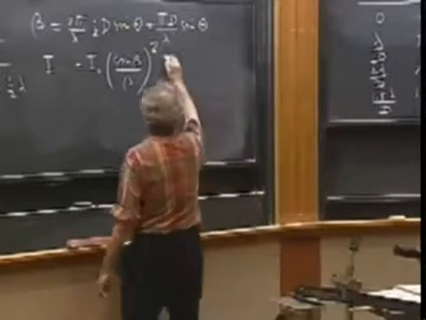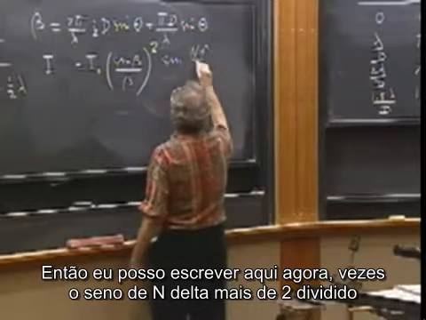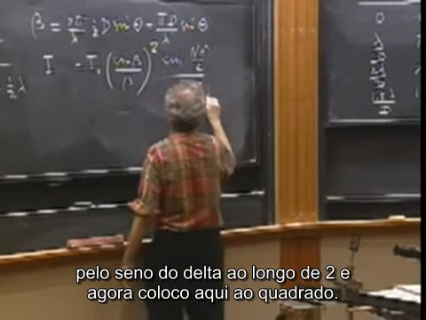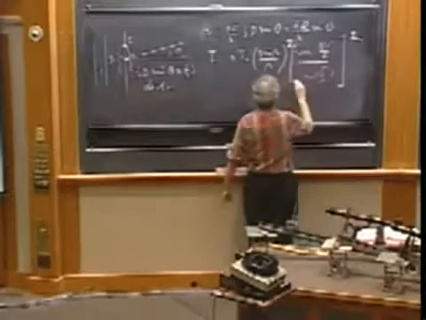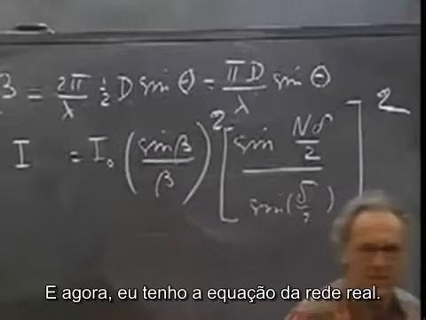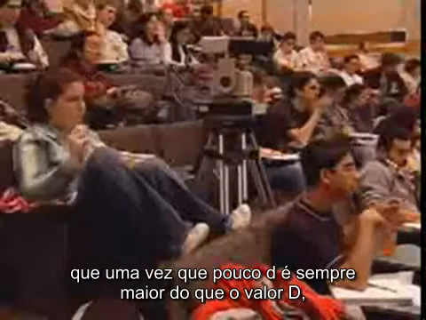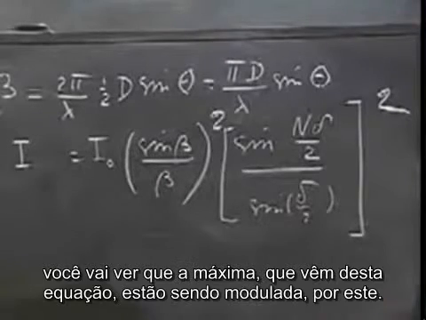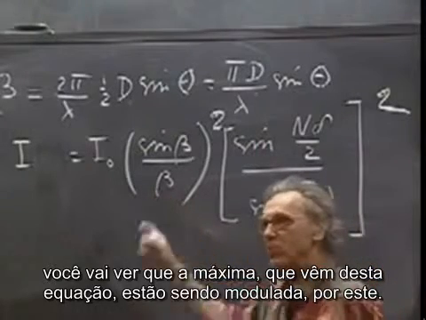Then I can write down here the sine of n delta over 2 divided by the sine of delta over 2, and now I put here the square. And now I have the real grating equation. And so what you see now is that since little d is always larger than capital D, the maxima, which come from this equation, are being modulated by this one.